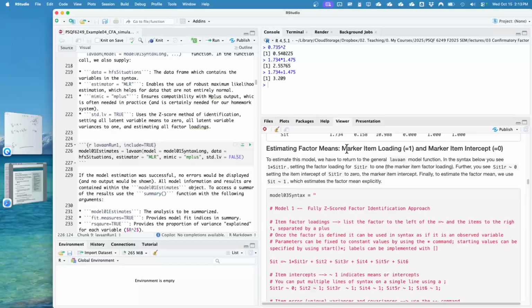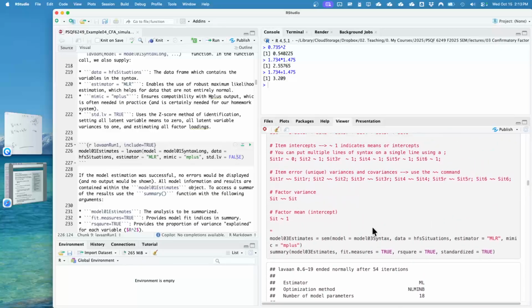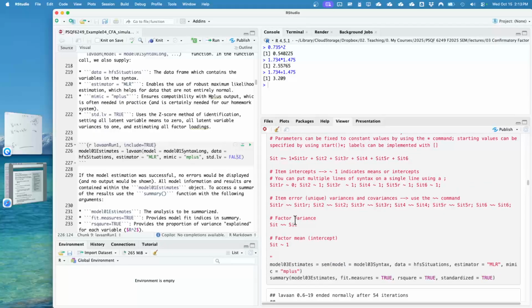We can also, I'm going to show you, we can estimate a factor mean. To make lavaan work, in the sem function, I just add the factor mean, the name of the factor, tilde 1, to estimate it.